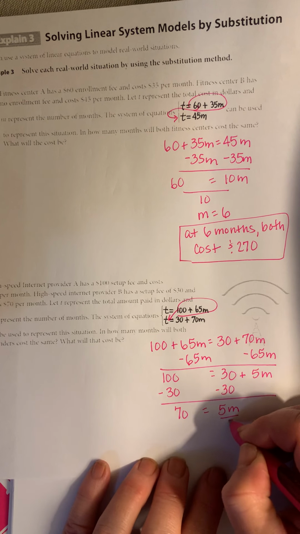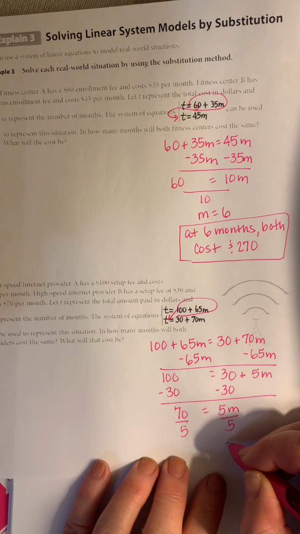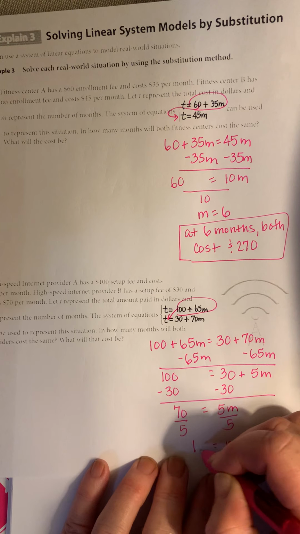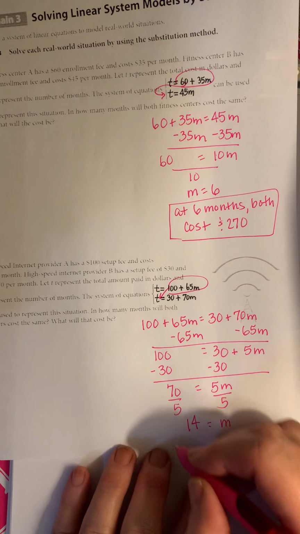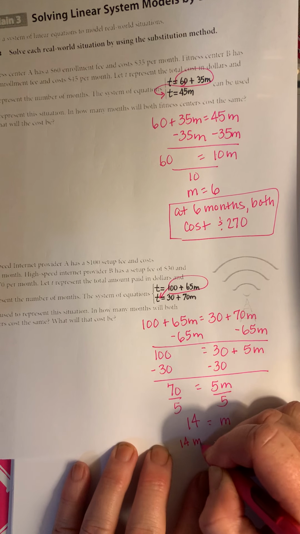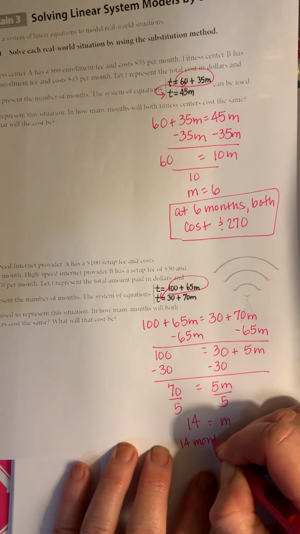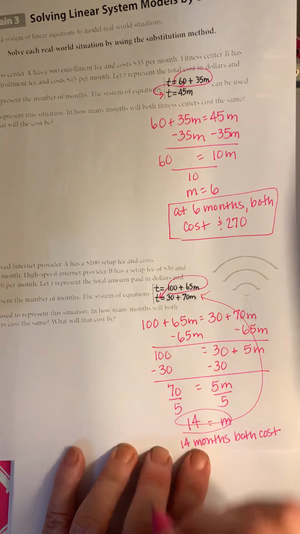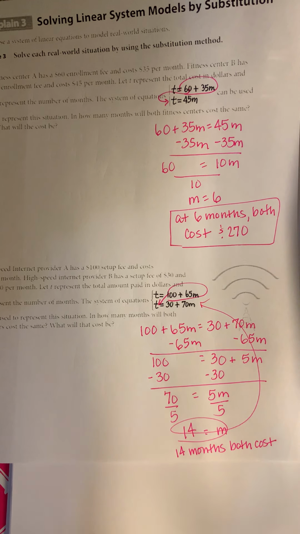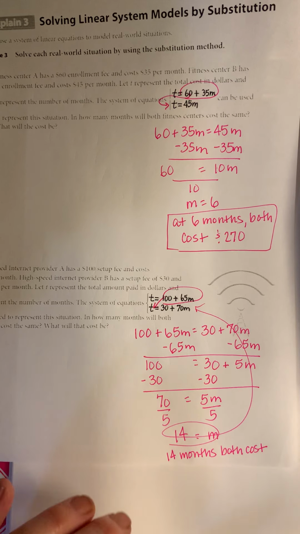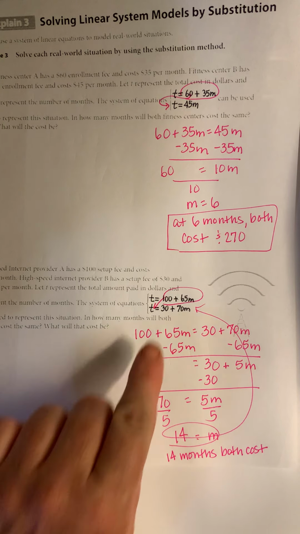And if I divide both sides by 5, m is going to be equal to 14. So in 14 months, both cost the same, and again, I'm going to substitute this back in to either one of these, or both if I want to be really sure, and see what it's going to cost at 14 months.